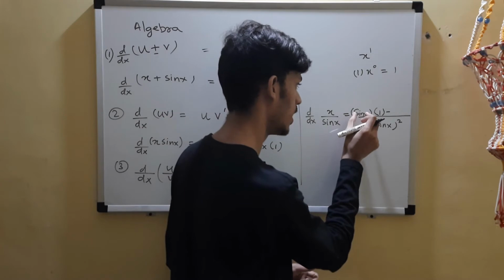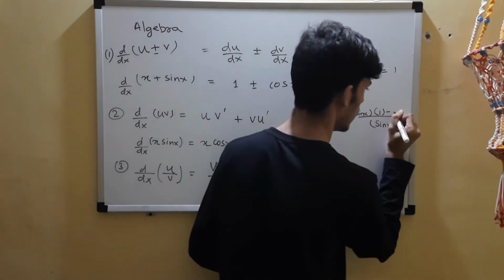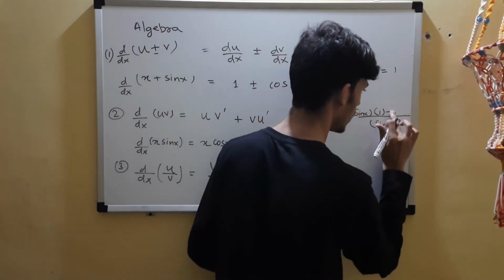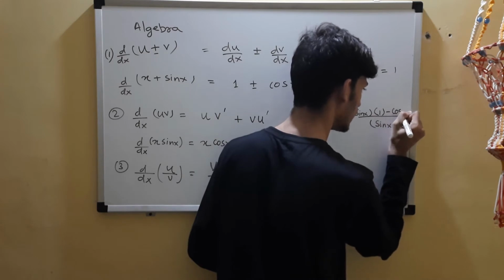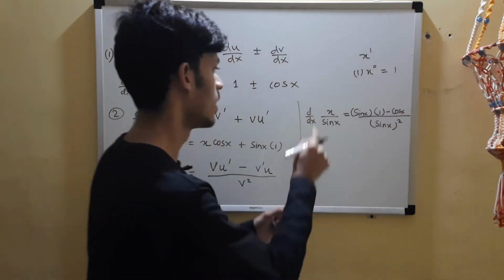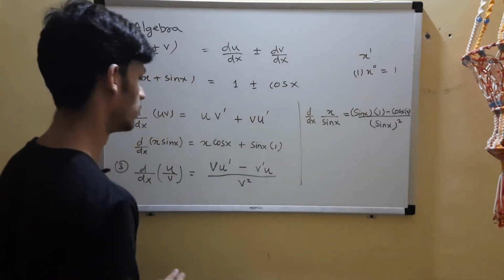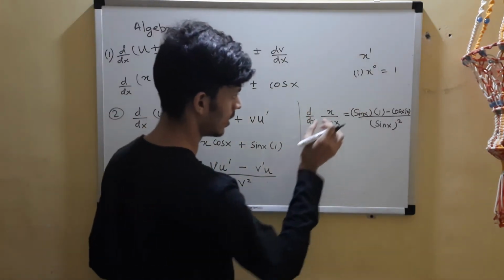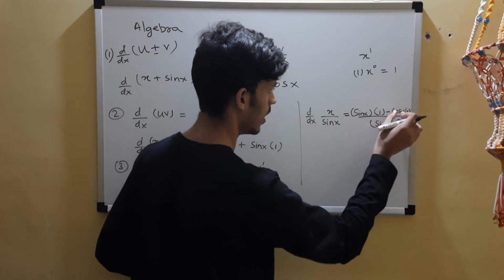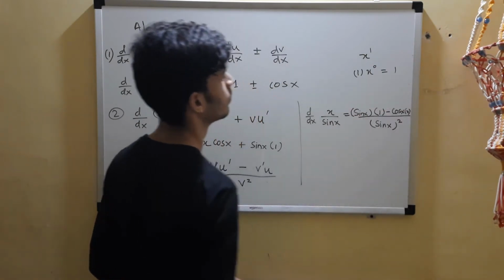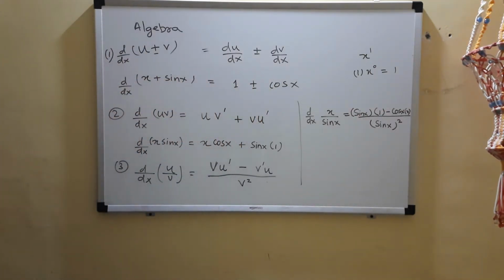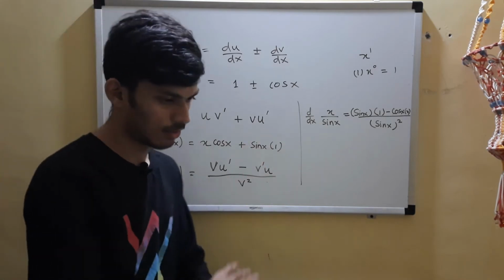Now you have to derivate this. Derivate sine, which will give you cos, and x as it is. Okay, u as it is, and derivative of v. So that was an example.